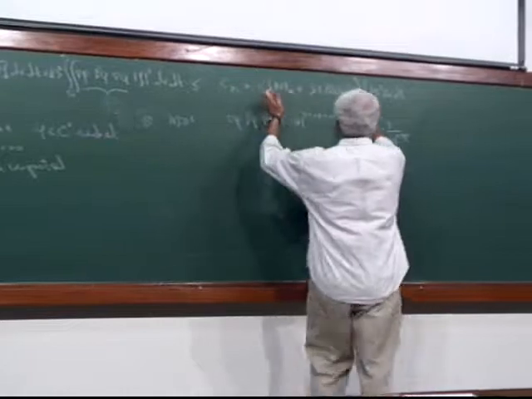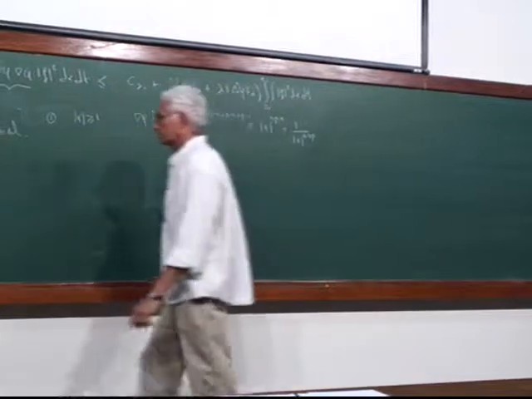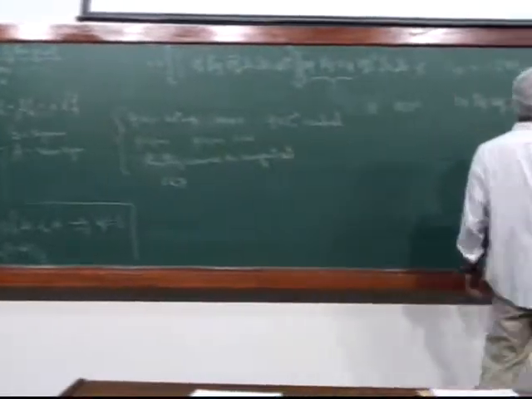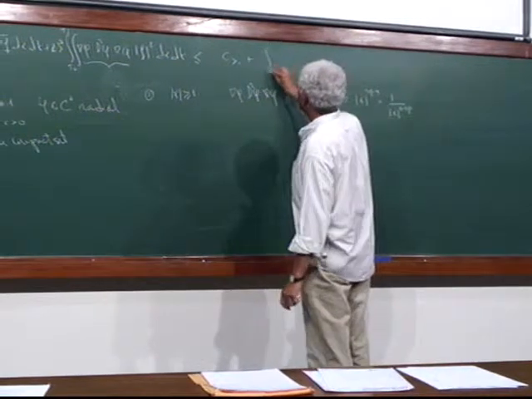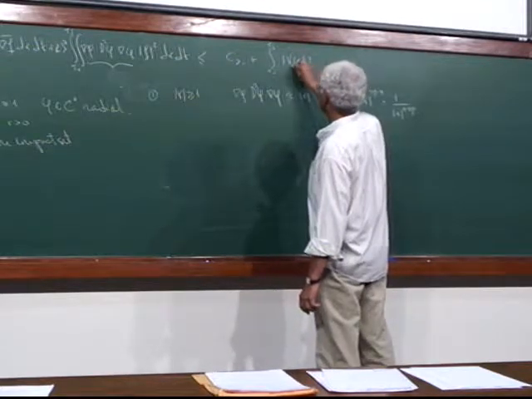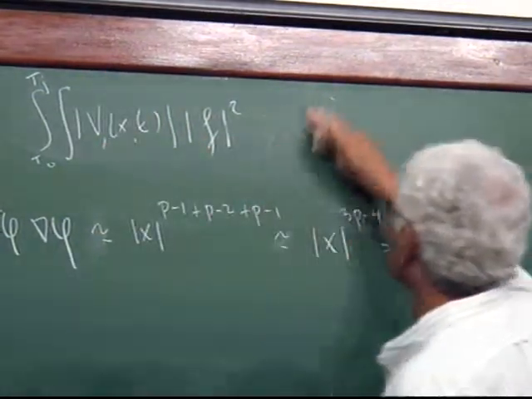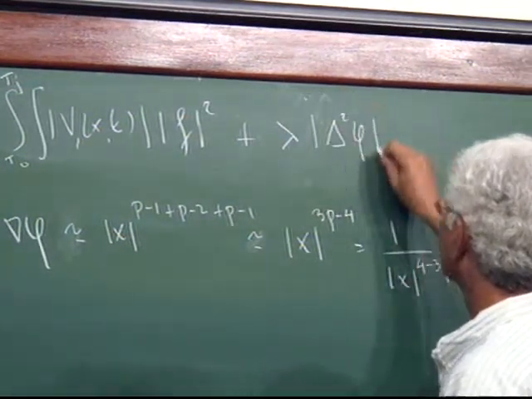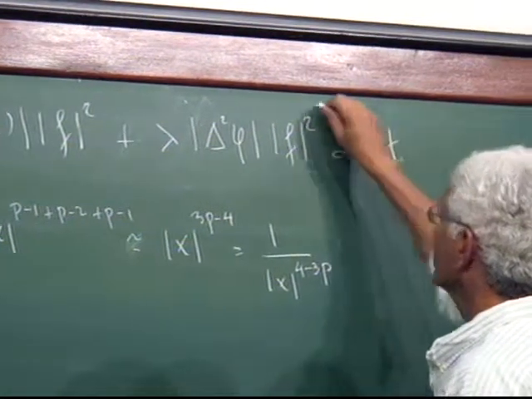What do you have in front here? Before you write this, you are going to have something like the integral from Tj minus 1 to Tj of b of x, t times f squared plus lambda times the Laplacian of this, f squared dx dt, and you have a square here.